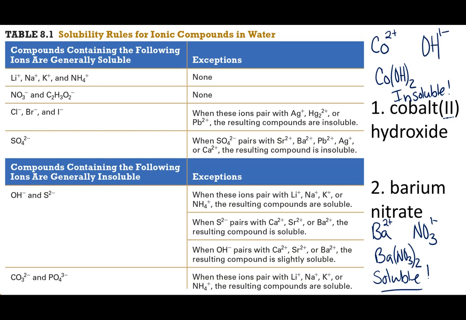So the skills that we have practiced are writing ionic formulas, so hopefully that's a review. And the other skill that we practiced is predicting whether it's soluble or insoluble by using this table. Okay. So let's move forward into a precipitation reaction.